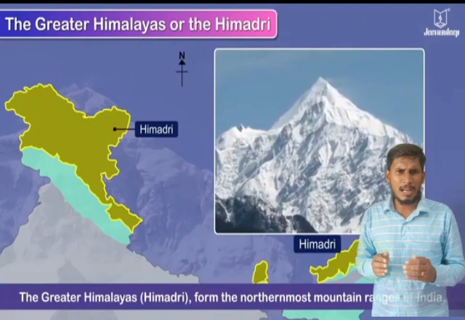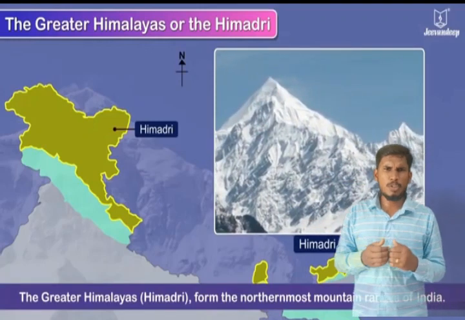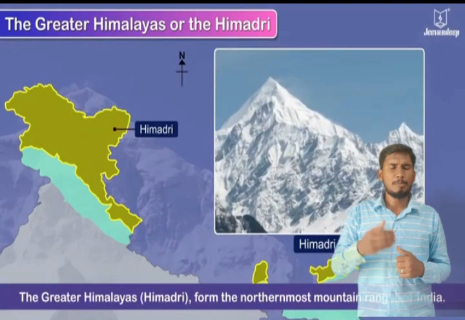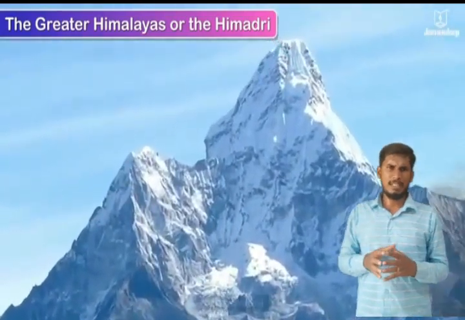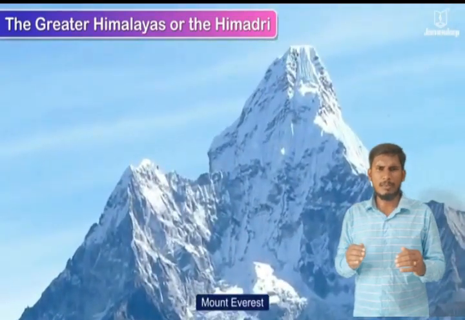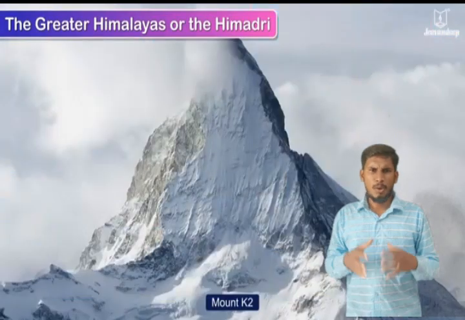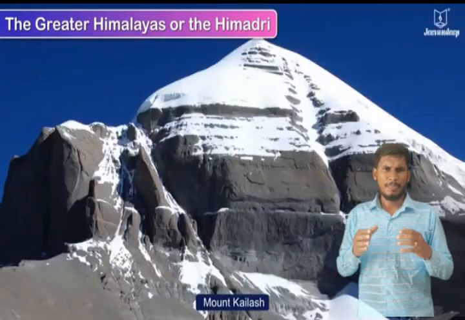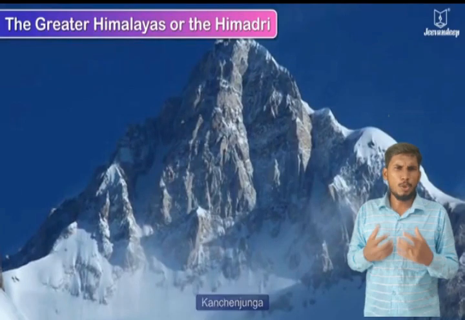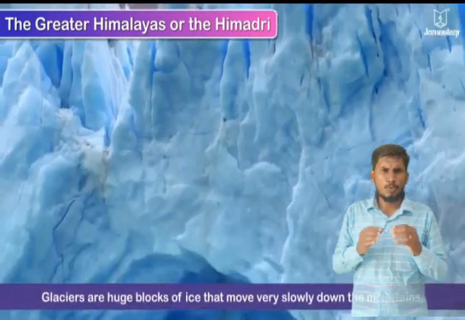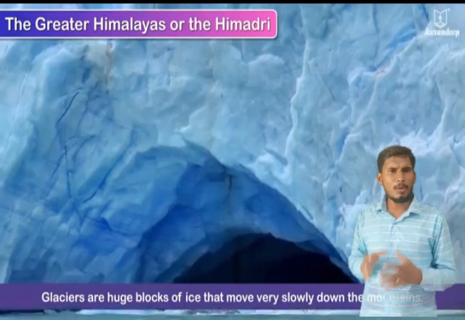The Greater Himalaya from the northern mountains is spread along with Mount Everest. The highest peaks are Mount Everest, Mount K2, Mount Kailas and Kanchenjunga. Glaciers are huge blocks of ice that move very slowly down the mountains.